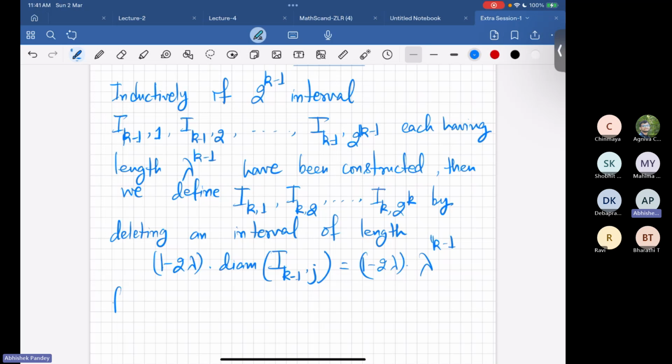So from the middle of each parent interval of the earlier cities.